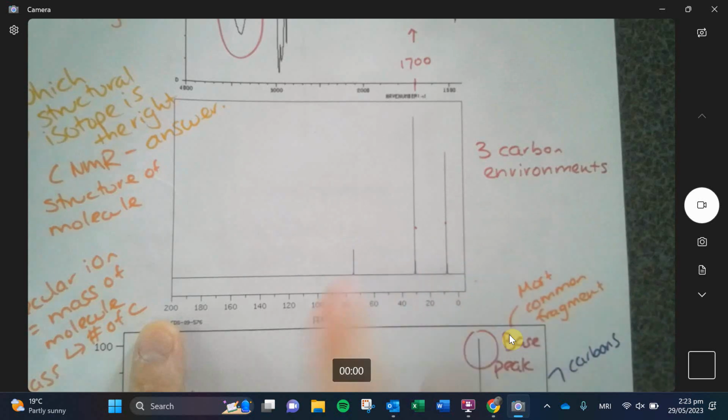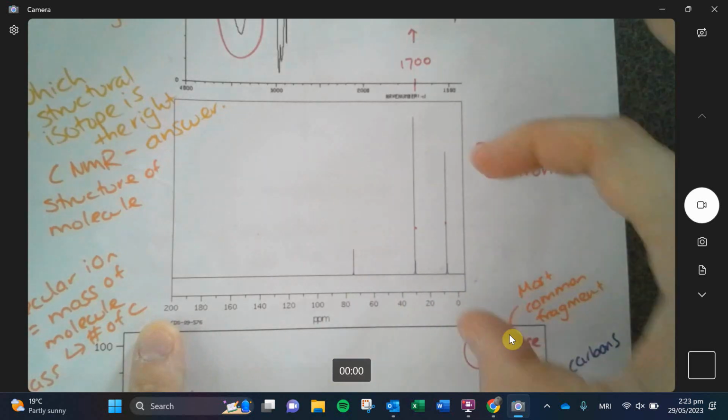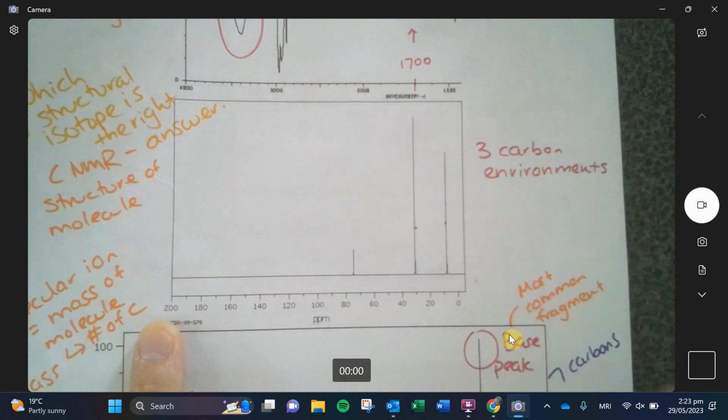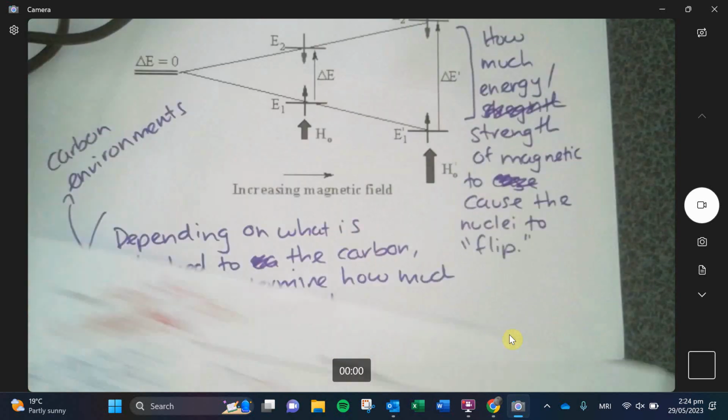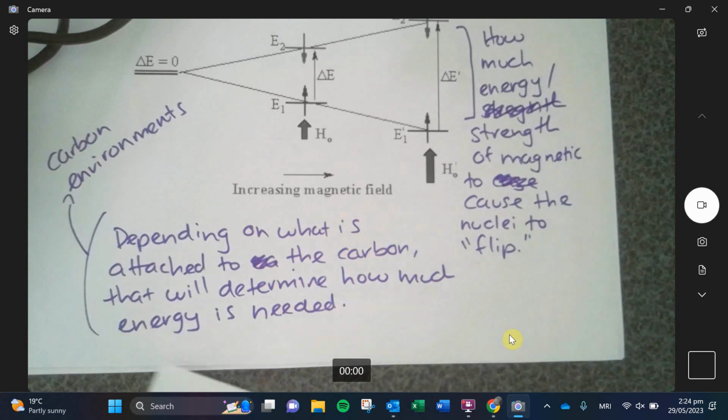With these 3 different peaks, what we're trying to show is, for each of those carbon environments, how much magnetic energy I need to cause that flip. Since this molecule was symmetrical, we had fewer carbon environments, because, if you remember from our last lesson, they have the exact same list of stuff attached to it. All right, we okay so far?